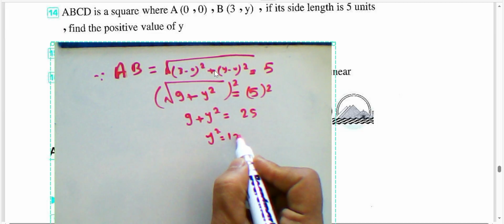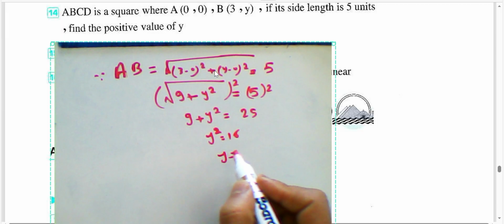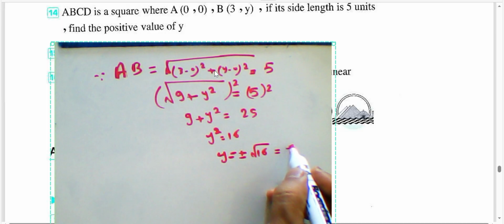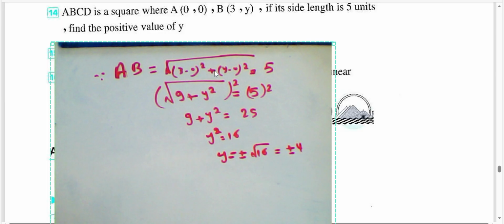Then y power 2 equals 16, and the value of y equals positive or negative square root of 16, equals positive or negative 4. Okay, he wants me to find the value of y, equal 4 or negative 4.